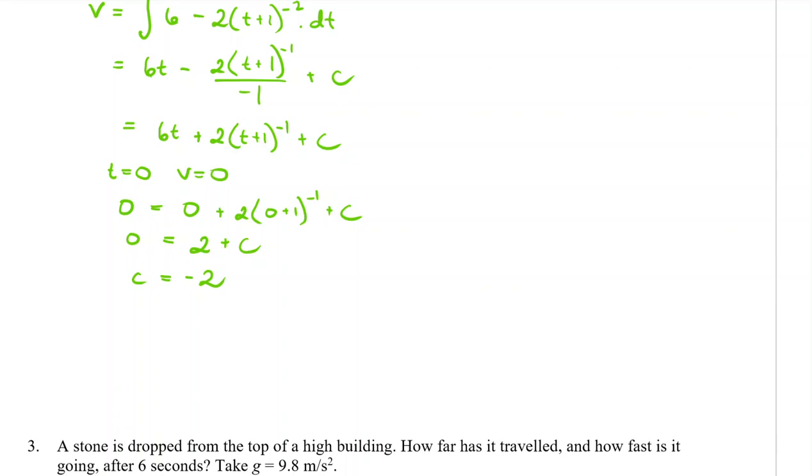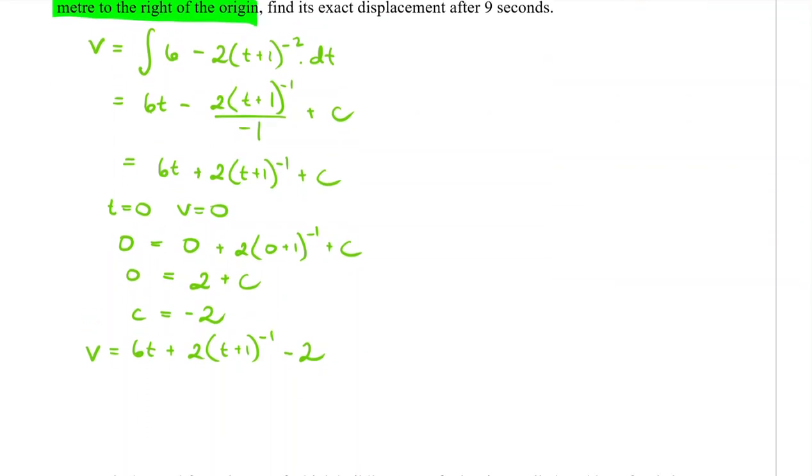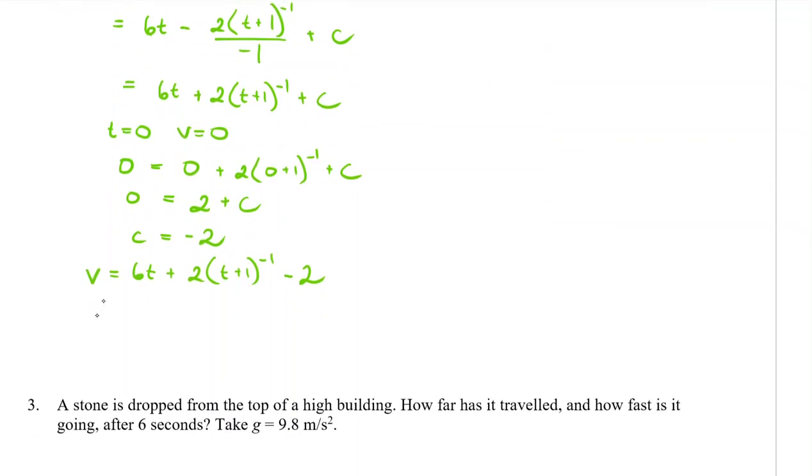Now, v equals 6t plus (2t plus 1) to the power of negative 1, and then we have a minus 2 sitting on the end. I'm going to have to go down the next side as well, probably. I'll start here. To get to the displacement, integrate a second time.